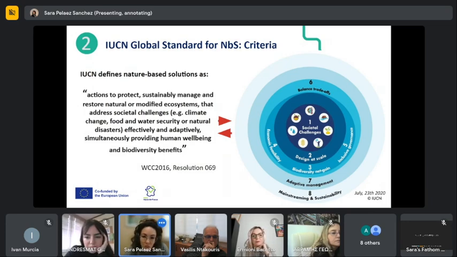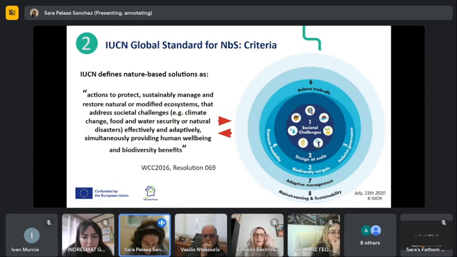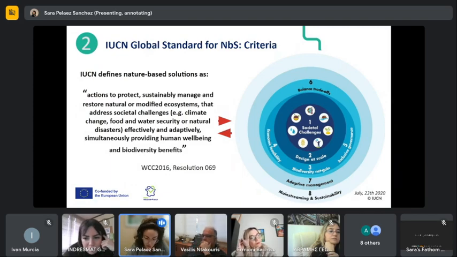After that, IUCN started a process of elaborating a standard that lasted 4 years. It was an open consultation process with all the IUCN members and a lot of experts invited. The reason is that this standard was meant to be a methodology for the design, evaluation, and continuous improvement of NbS, also for scaling up these NbS. The standard is based on 8 criteria and 28 indicators.